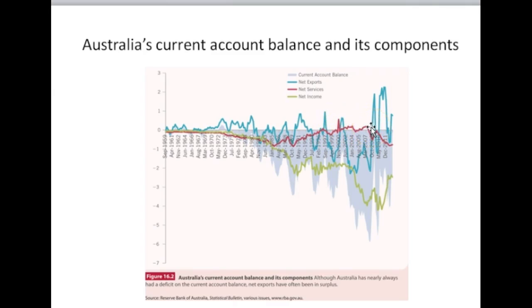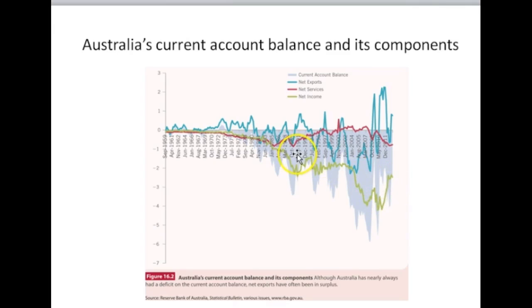However, the net income, the green line, where we can find the record from September 1959, we can see that we are having greater and greater deficit in the net income account.